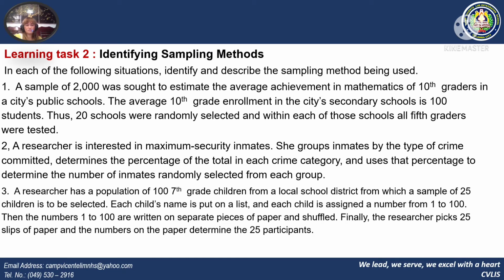Each child's name is put on a list, and each child is assigned a number from 1 to 100. Then the numbers 1 to 100 are written on separate pieces of paper and shuffled. Finally, the researcher picks 25 slips of paper, and the numbers on the paper determine the 25 participants.